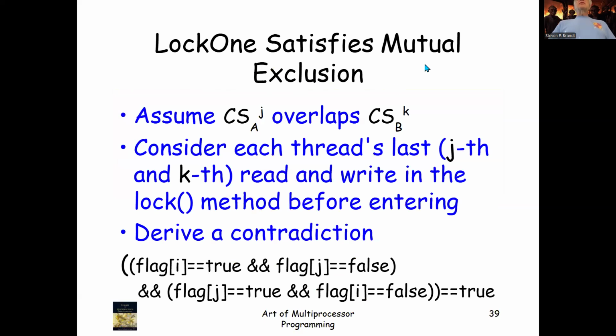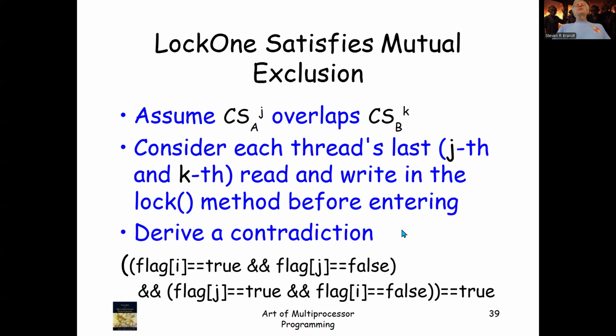Okay, so lock 1 satisfies mutual exclusion. If we want to think about it this way, it has the safety property of not allowing two threads to get the lock, but it can deadlock. We have CS A j can overlap with CS B k, where that's the critical section, and then we consider each thread's last jth or kth read and write in the lock method before entering.